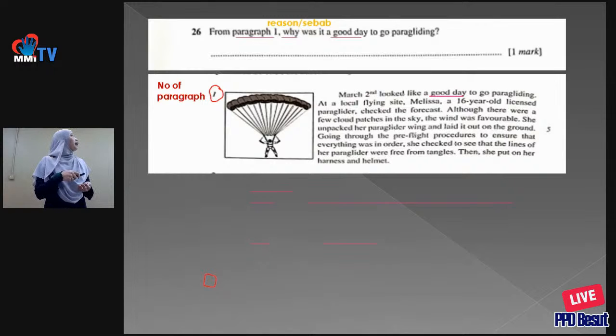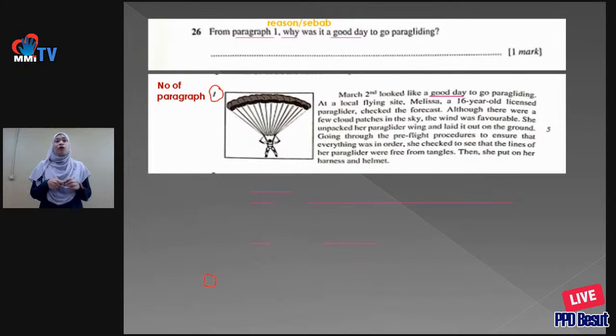At our local flying site, Melissa, a 16-year-old licensed paraglider, checked the forecast. Check the forecast. In this sentence, maybe kamu akan a bit confused sikit. But I am confident that you know the meaning of check.